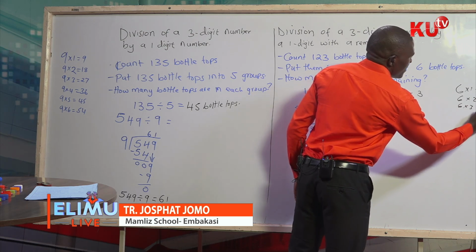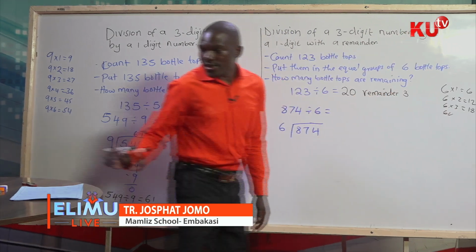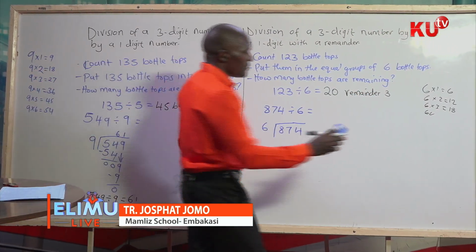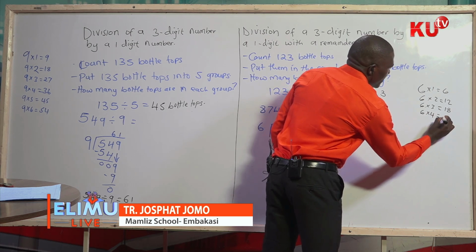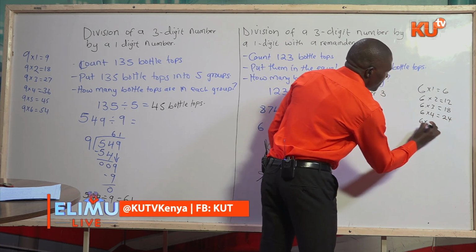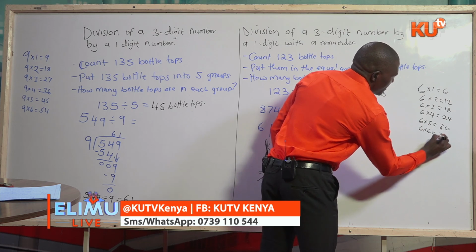Times 3, 18. 6 times 4, that is 24. 6 times 5, 30. 6 times 6, 36.